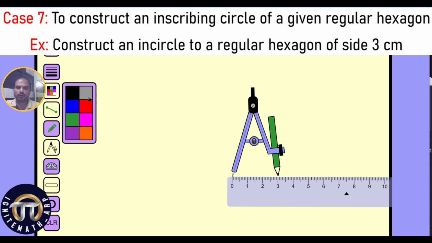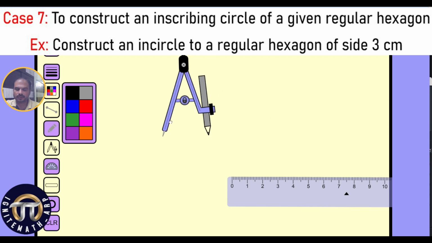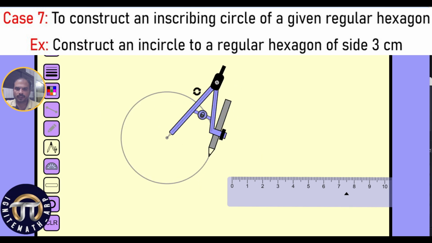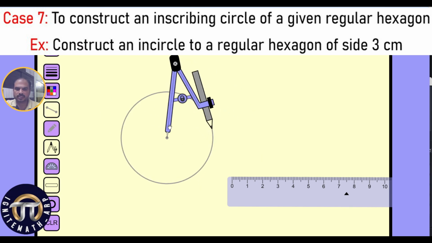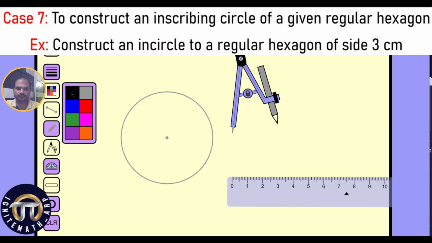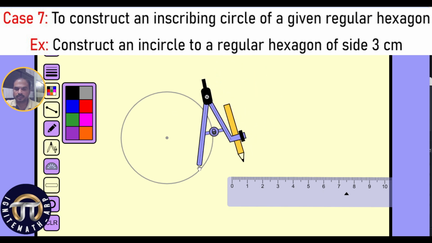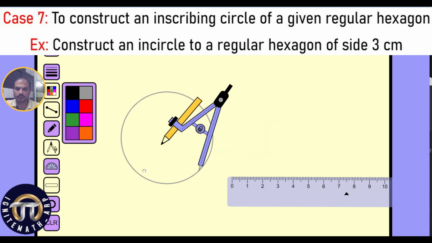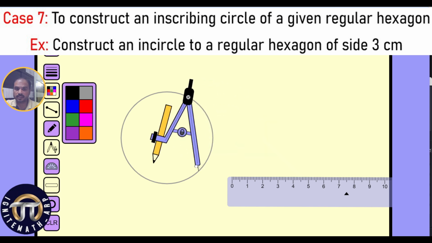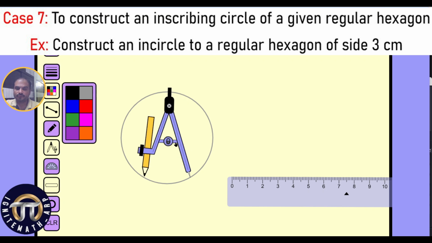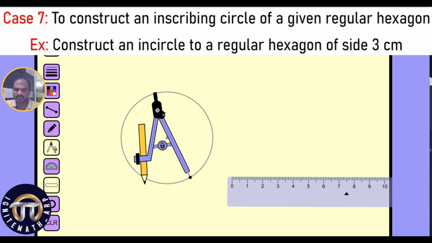Also, keep in mind, children, the circumcircle, whatever I'm going to draw, the construction of the circumcircle is in the same way. First of all, we are going to construct the circumcircle. Actually speaking, this method is for the incircle.